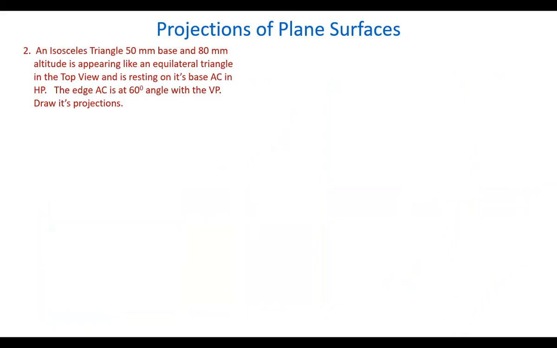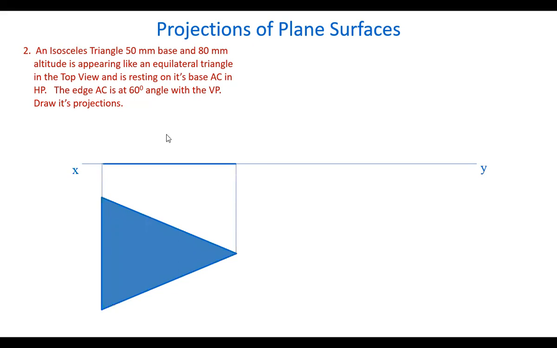An isosceles triangle is taken here, with dimensions given as 50 mm base and 80 mm altitude, but it is appearing like an equilateral triangle, meaning all the edges are 50 mm. Okay, now let's see how to draw this.